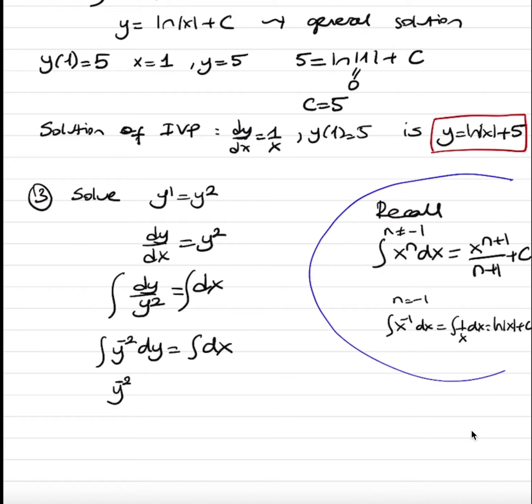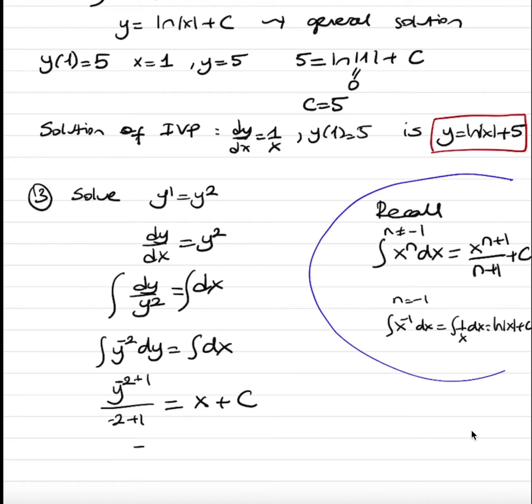So the integral is y to the power minus 2 plus 1 over minus 2 plus 1, plus c, or we can write c on the other side also, it doesn't matter. This is equal to the integral of 1 times dx, which is x plus c. So this is our general solution.